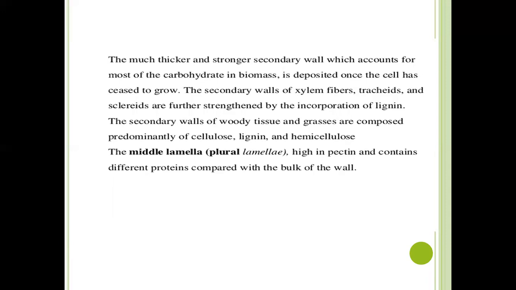The secondary wall of xylem fibers, tracheids, and sclereids is further strengthened by the incorporation of lignin. The secondary walls of woody tissues and grasses are composed predominantly of cellulose, lignin, and hemicellulose. The middle lamellae are high in pectin and contain different proteins compared with the bulk of the wall.